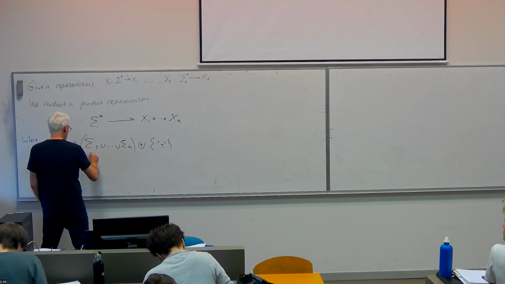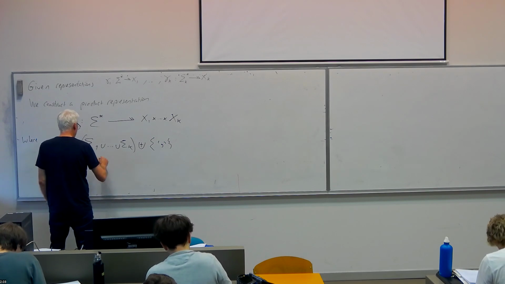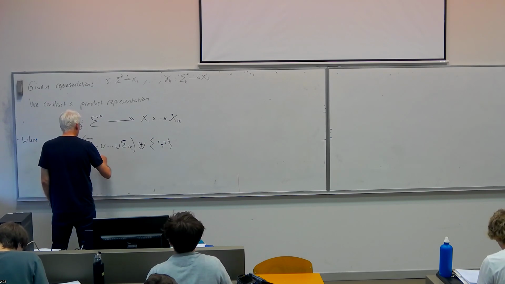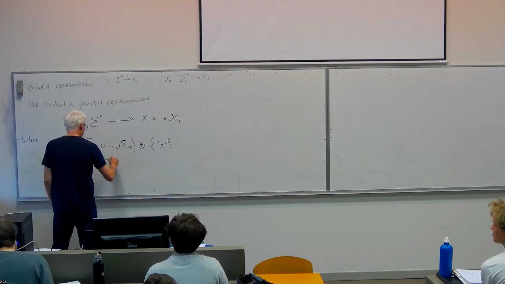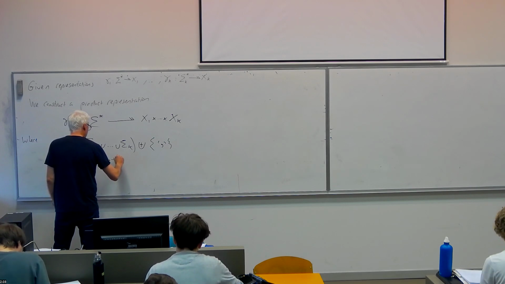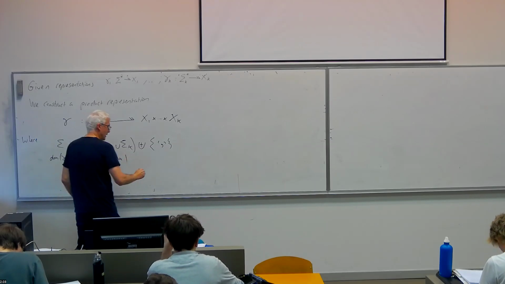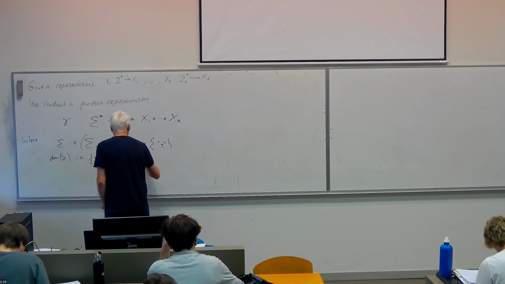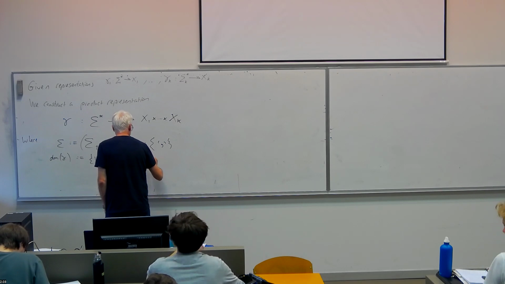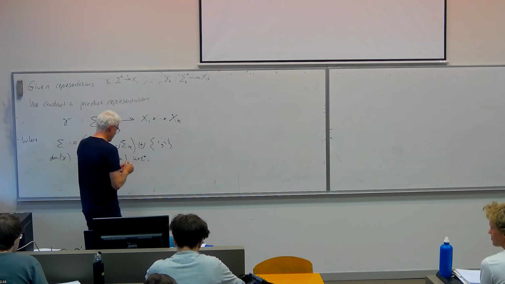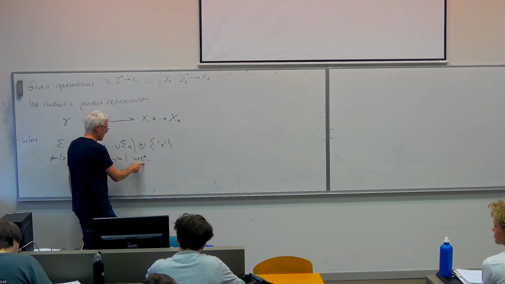So its domain is going to be simply those words of the form W1, comma, W2, comma, dot, dot, dot, WK, where W1 is a word over sigma 1 star. Oh, no, so this isn't correct.